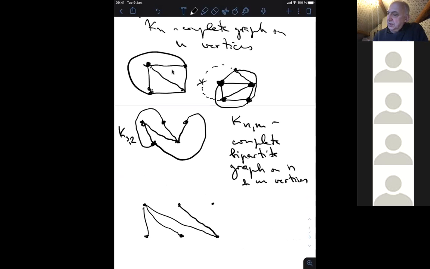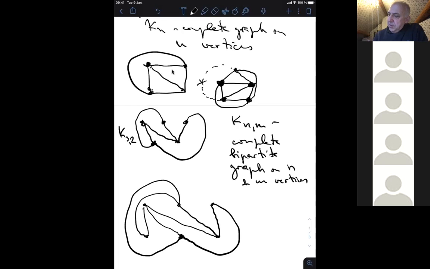We can do this, we can do this, and we can do this. We can do this, and we can finally do this. But this remaining edge we have to skip, because otherwise it is impossible. So this edge we have to cross out. So this is K33 minus an edge as a planar graph.